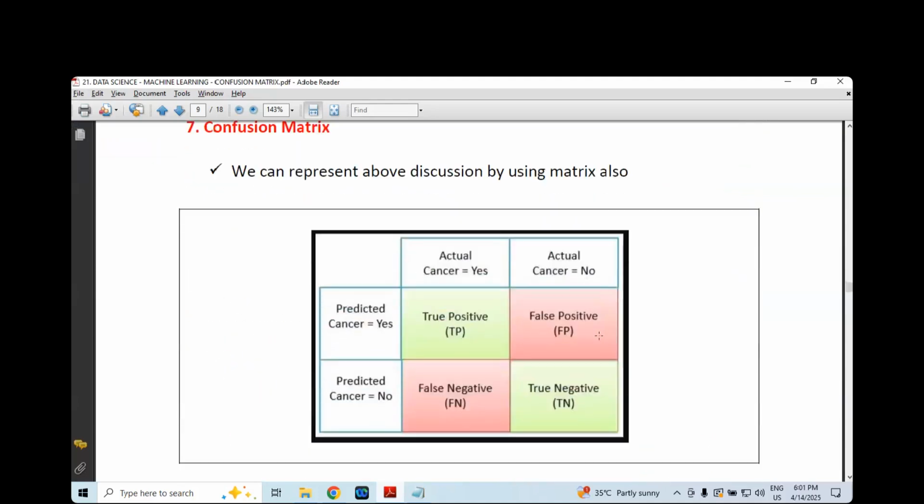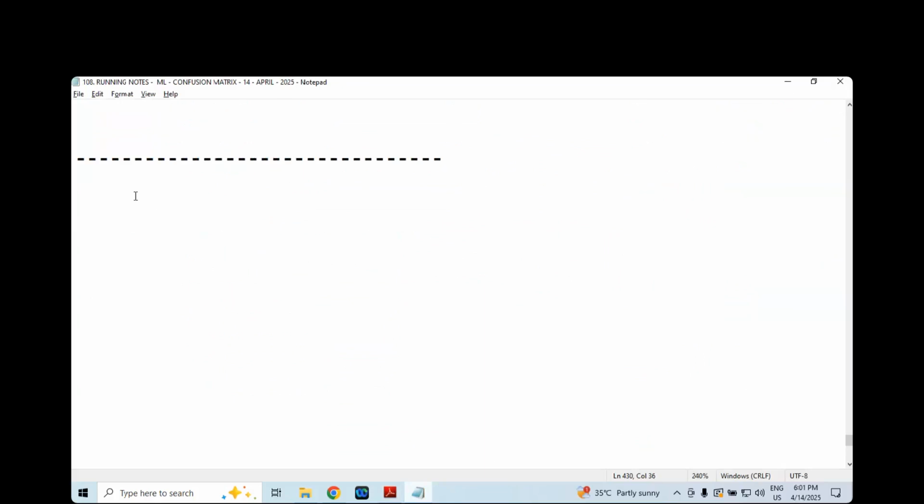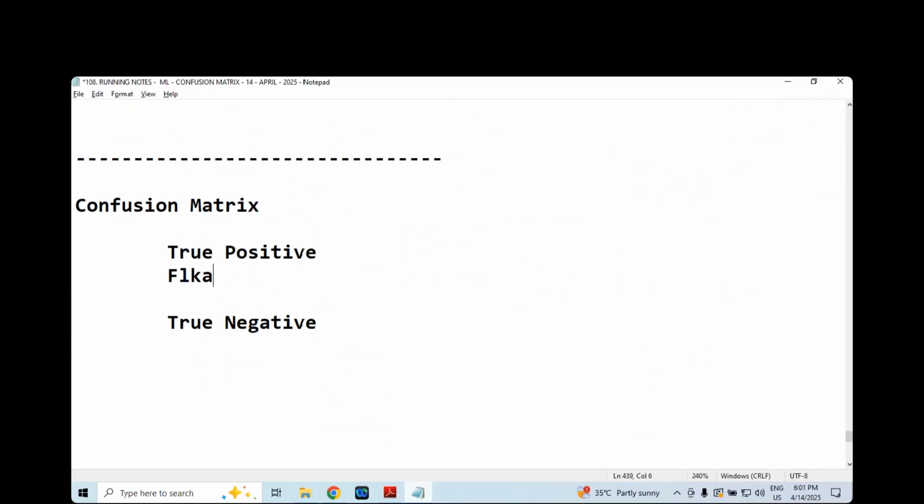Confusion matrix. What is the topic name? Confusion matrix. Let me tell you. These are all we covered: true positive, the next one true negative, false positive, the next one false negative.